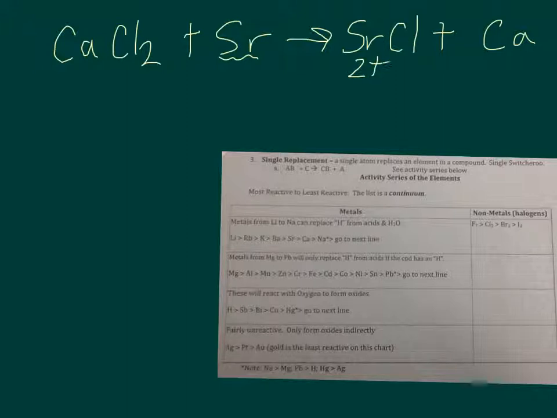Sr is a 2 plus, Cl is a 1 minus, so you need 2 Cls over here. So it's SrCl2, and then you have to balance the whole thing. 1 Ca, 1 Ca, 2 Cls, 2 Cls, 1 Sr, 1 Sr, it's balanced. Ching!